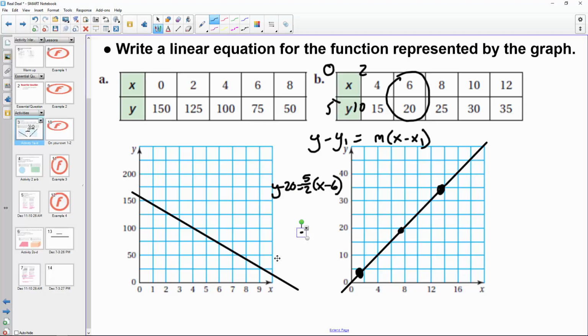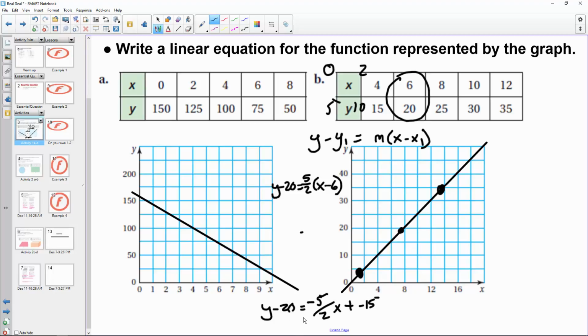And I can plug this all in and work it out, and this becomes 2.5, right? So I'm going to have y minus 20 equals, and 2.5 times 6 would be 12 plus 3, which is 15. So I'm going to have 5 over 2x minus 15.